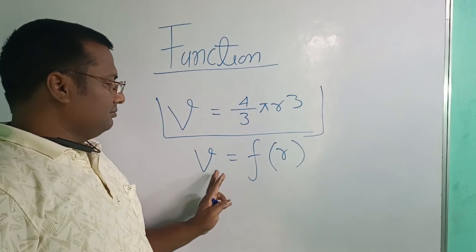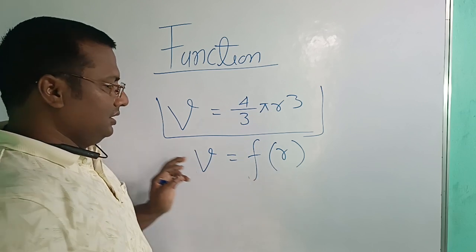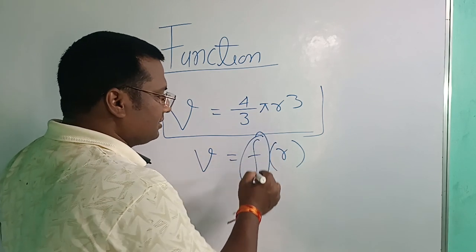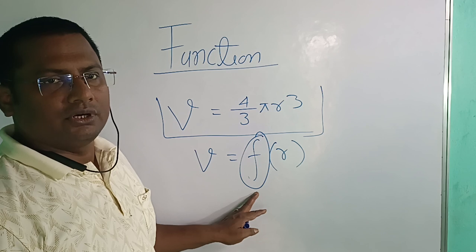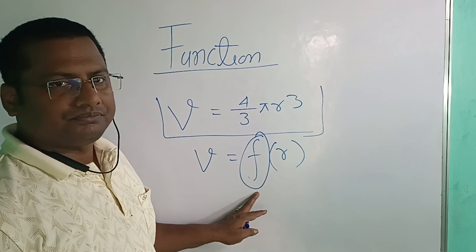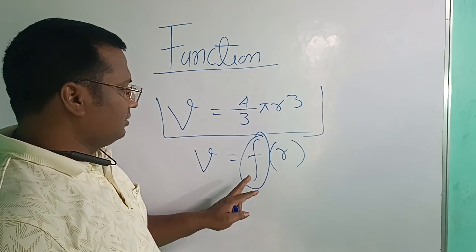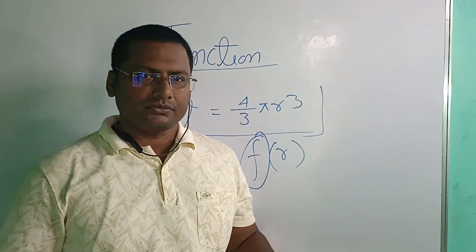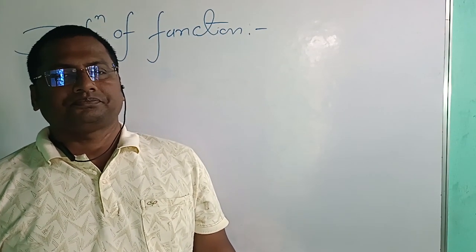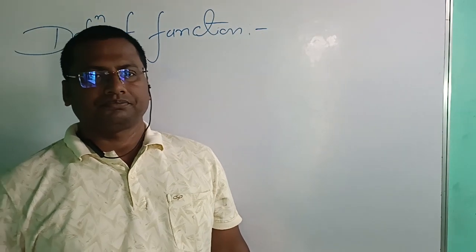It is read as V is a function of r. Here, this f is simply used to represent the dependence of one physical quantity on another.